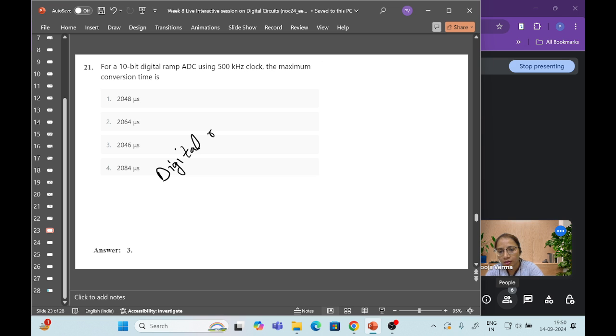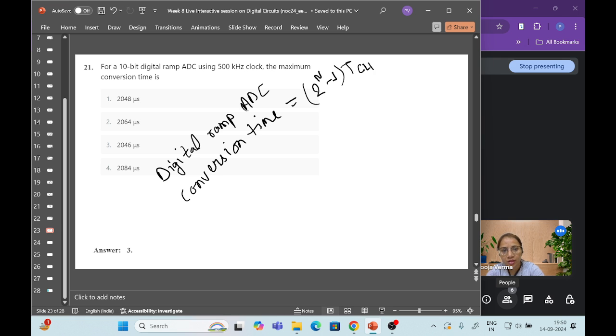For the digital ramp ADC, the conversion time formula is 2 to the power n minus 1 into t clock, where n is the number of bits and t clock we need to find out, because the frequency is given. So f is 500 kilohertz.